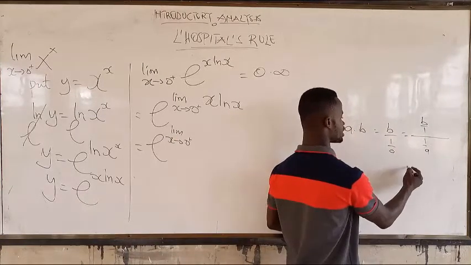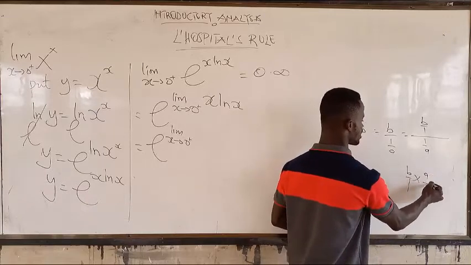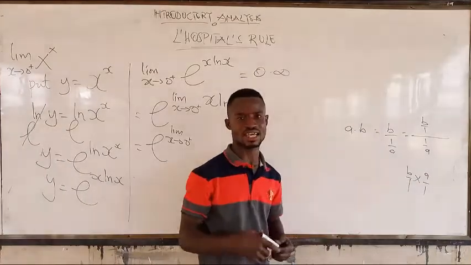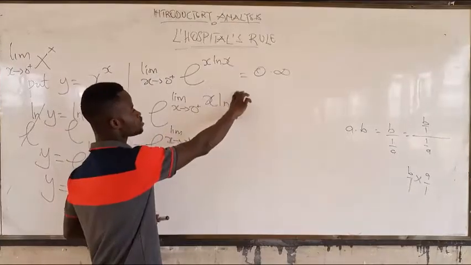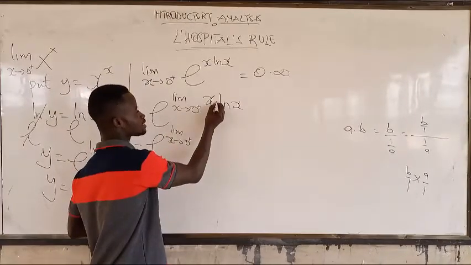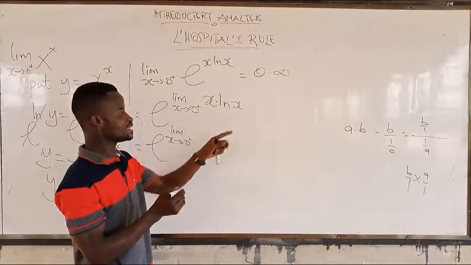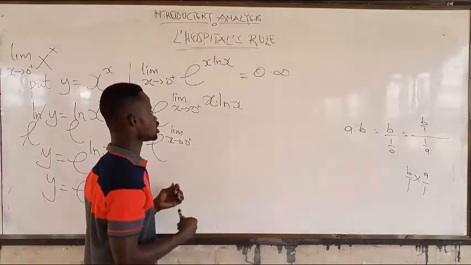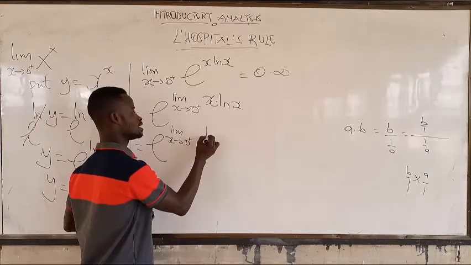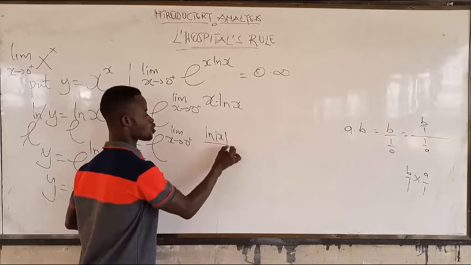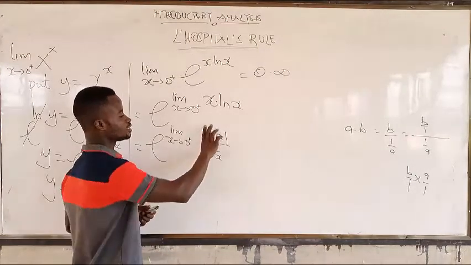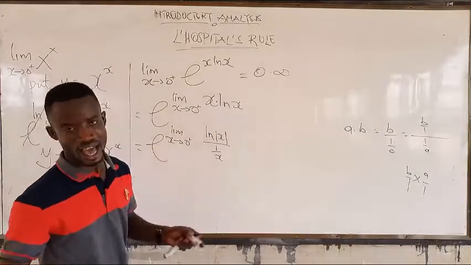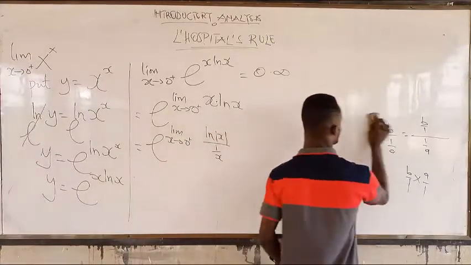So this is b over 1 times a over 1, which is the same as ab. So for this to be the same, note that these two functions, x and ln x, are like a and b. So I can do this: ln x over 1 over x. Hope you can see that. This is the same as this, as we have already established here.